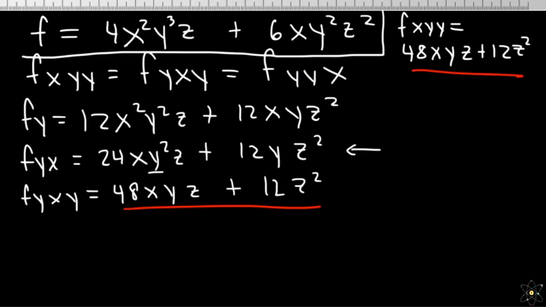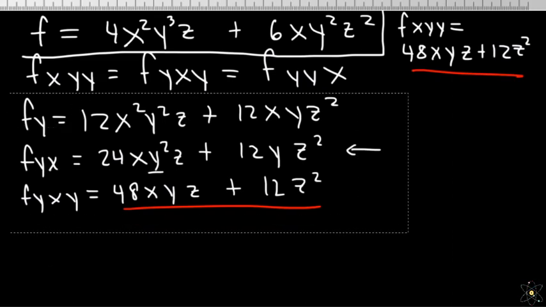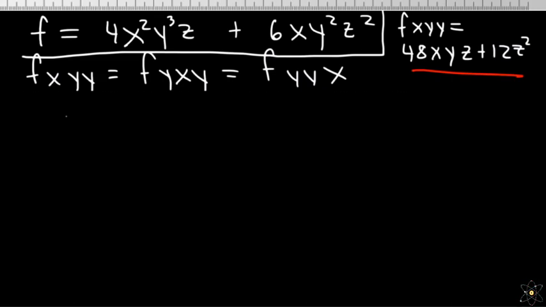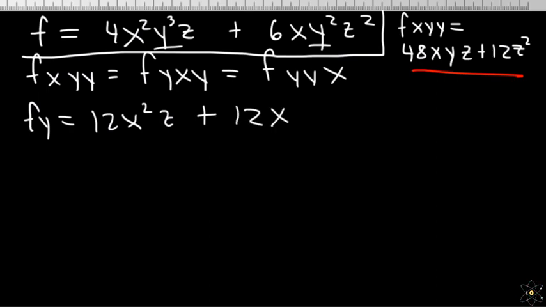Now let's find the last one, f y y x. So let's find fy first, which we know is 3y squared times 4, so that's 12x squared y squared z. And the derivative of y squared is 2y times 6, so that's 12xy z squared. Now let's find the derivative of this function with respect to y.